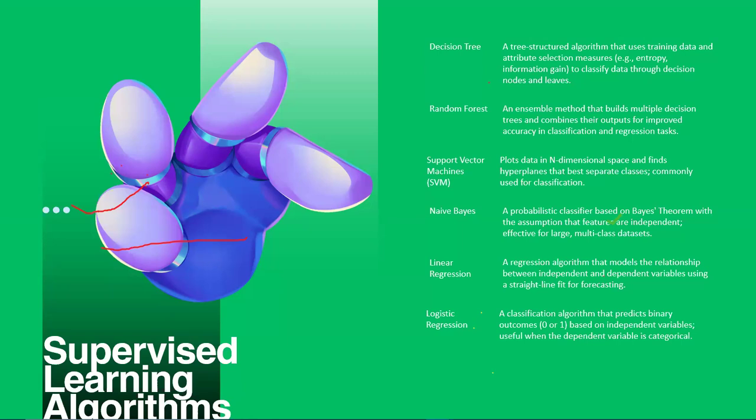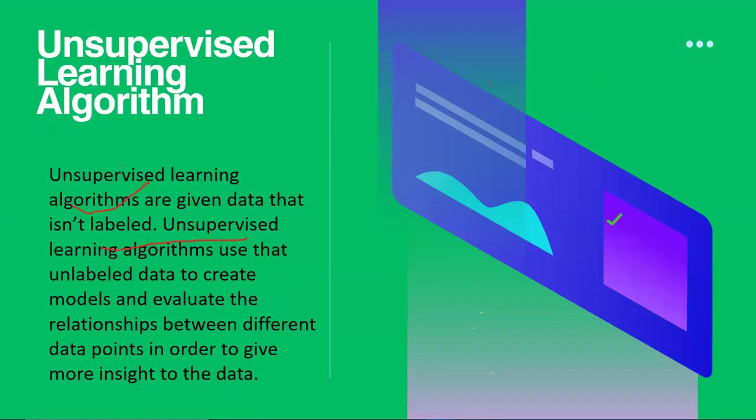The second type of learning we will be looking at is unsupervised learning. By default, unsupervised learning sounds like the opposite of supervised. In supervised learning, we have labeled data where we have our input and output.